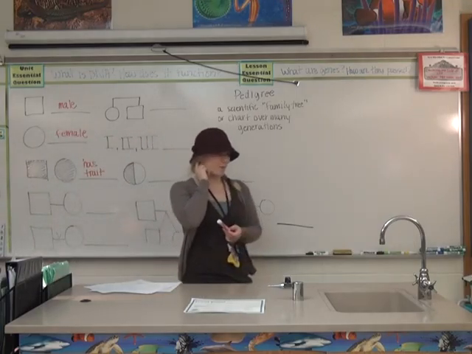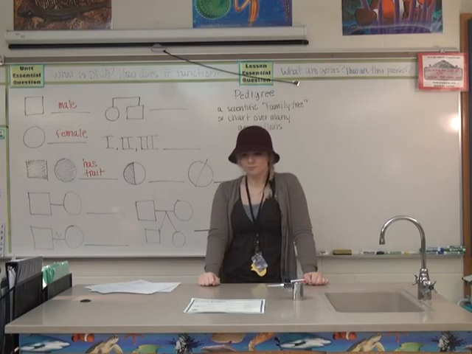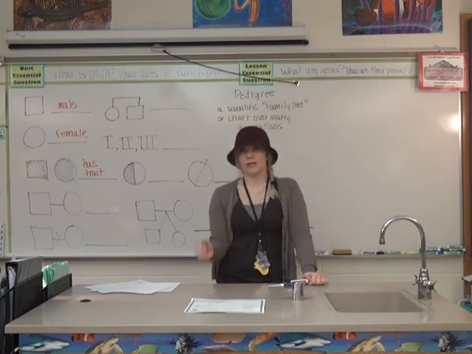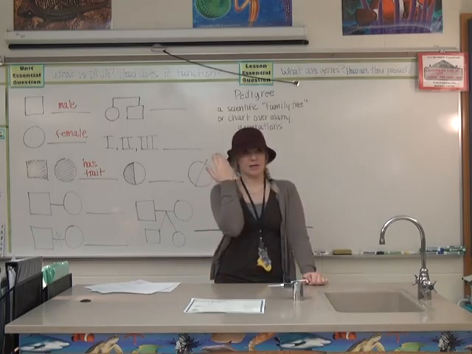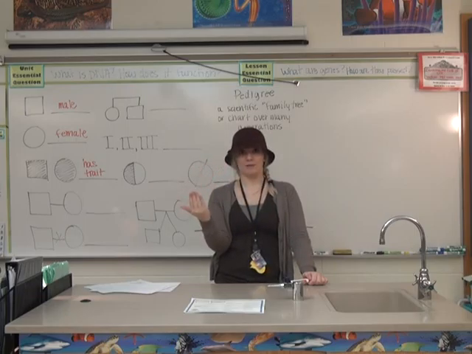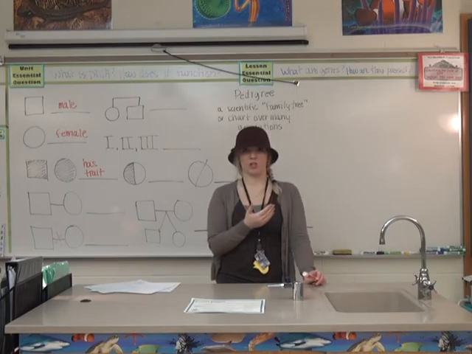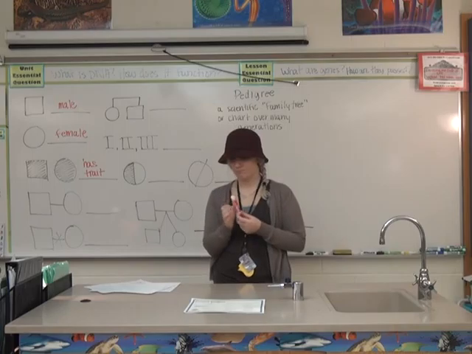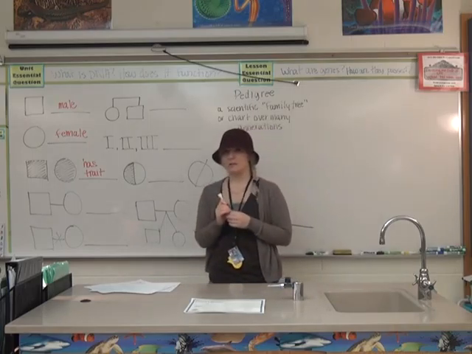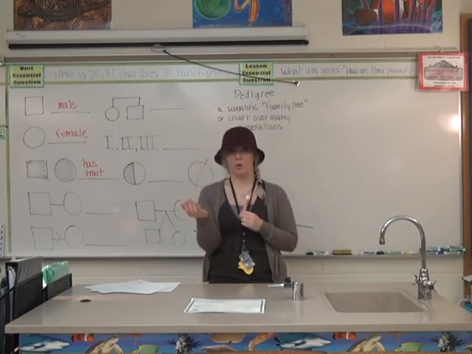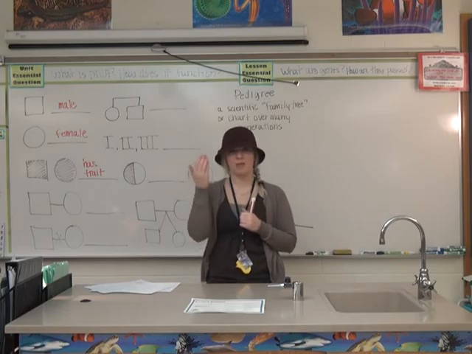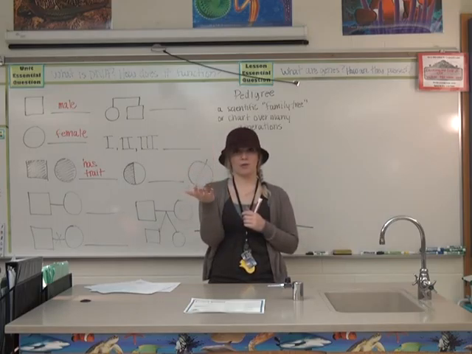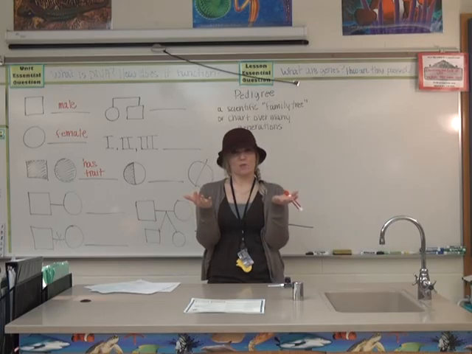Now, remember that we talked about how an individual can be heterozygous, which means they have dominant genes and they have recessive genes. And remember that dominant genes are large and in charge. They're the ones that are overpowering those recessive genes. So let's say an individual has recessive genes for albinism. Albinism is recessive, right? So they have the genes for albinism, but they don't look albino. They do have skin pigment, they have color.